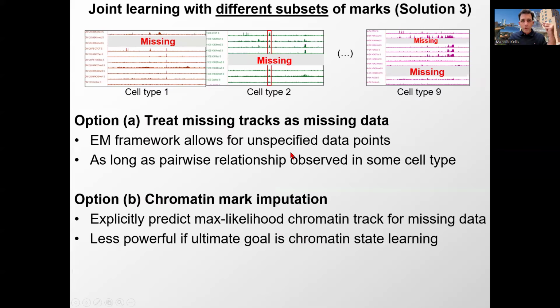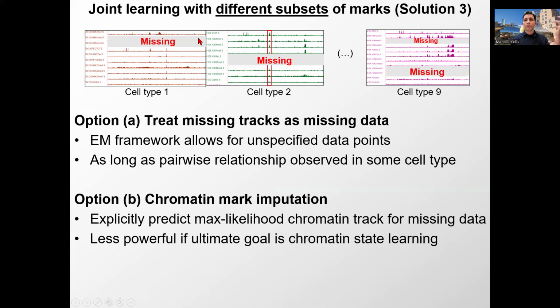Now, there's a challenge when this mark is missing in one cell type, and this mark is missing in another cell type, and this mark is missing in another cell type. Then suddenly what do you do? Well, you could start imputing the missing marks. You could say, let me use the rest of the marks that are present to infer the missing information here.